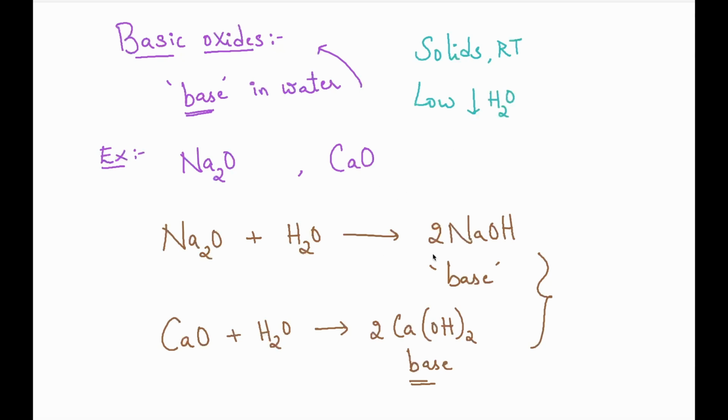And as we have seen, they usually form alkaline solutions. As we know, an alkali is a water soluble base. So, sodium hydroxide and calcium hydroxide will form an alkaline solution, and the pH would usually be greater than 7 as it is a base.